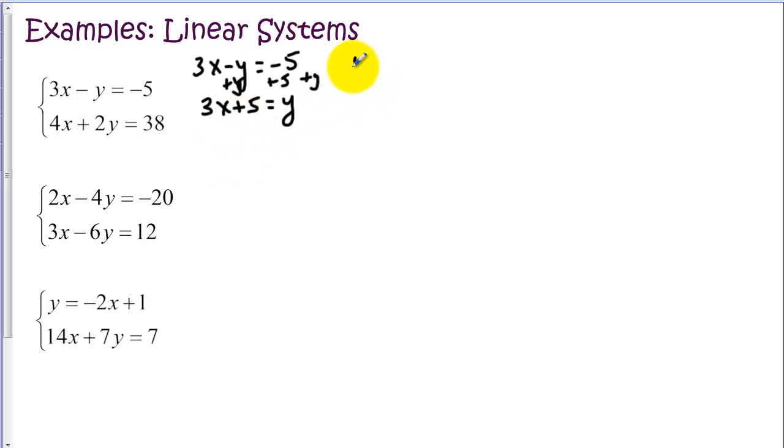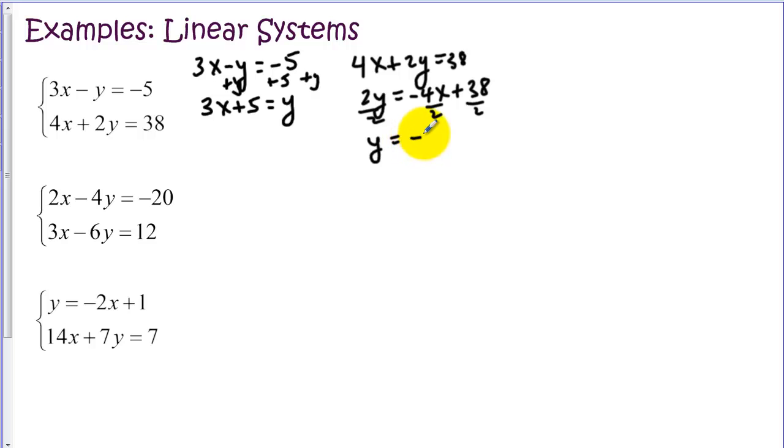Now we can take the second equation. I need to subtract the 4x, so I have 2y equals -4x plus 38. And now we have to divide everything by 2, and we have our second equation, which is -2x plus 19.